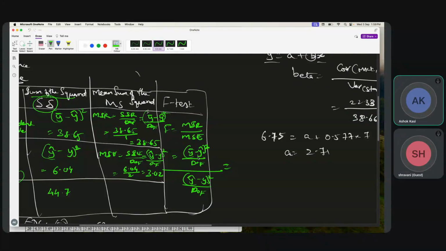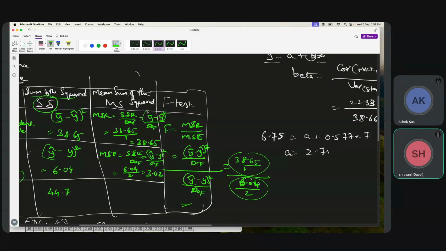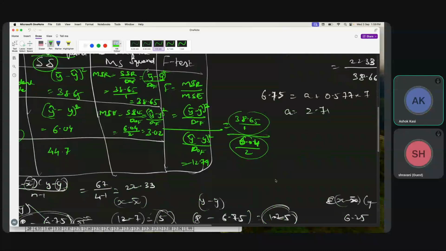MSR is 38.65 divided by 1, whole upon 6.04 divided by 2. Okay, so this is very similar to variance by variance only. So finally, how much is it coming to? 12.79. Okay, so 12.79. Now I will check this.